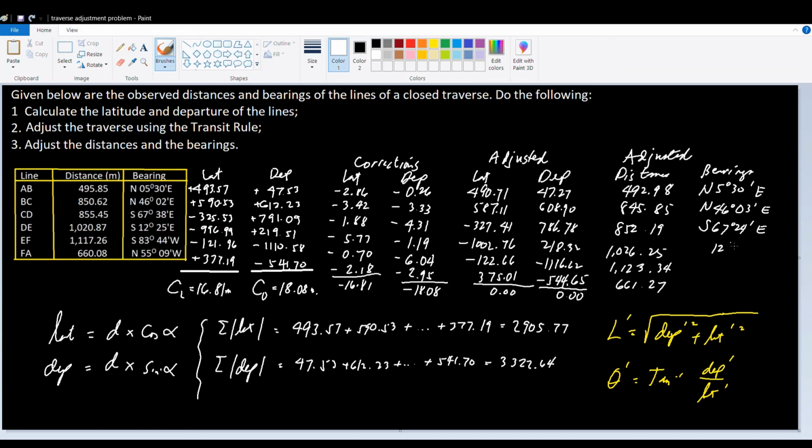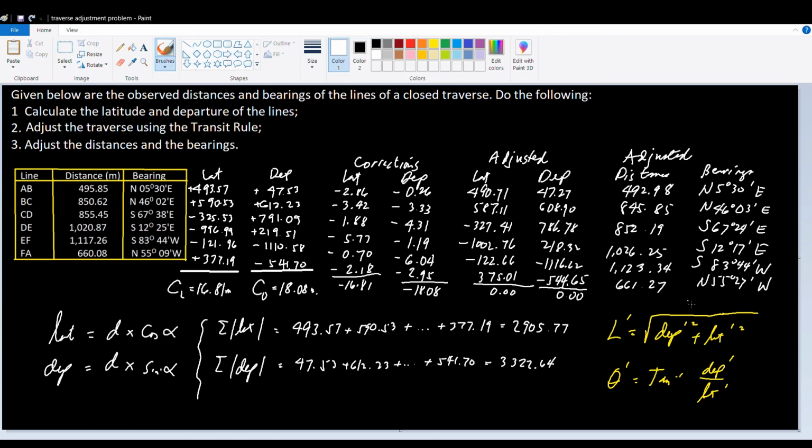Next is 12 degrees 17 minutes, direction southeast. Also for EF, it is southwest, 83 degrees and 44 minutes. And finally, for line FA, it is 55 degrees 27 minutes in a northwesterly direction. Okay? So these are the adjusted distances, the adjusted bearings.